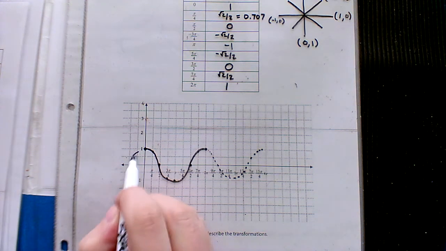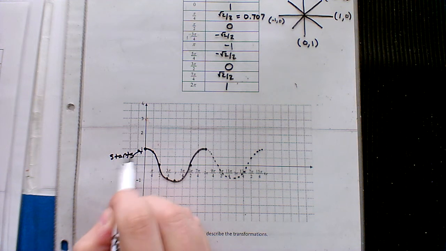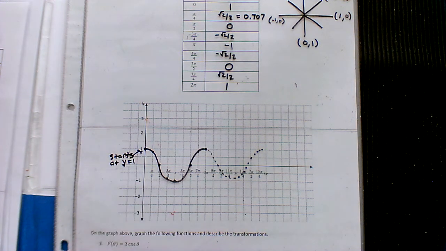So maybe we can make note that the cosine graph starts at 1, okay, the y value of 1, whereas sine yesterday started at the origin. So they can be kind of confusing, okay, they're both waves, but it just depends on where you're starting. That determines whether it's sine or cosine.